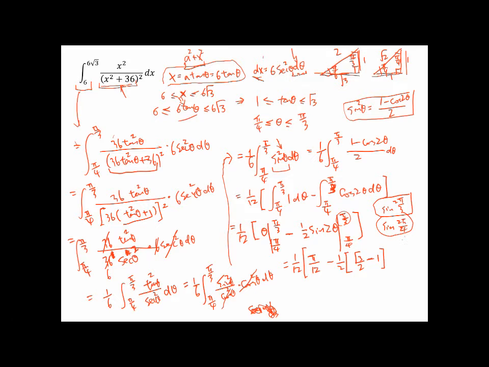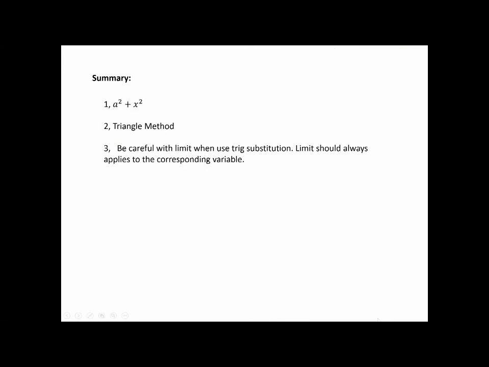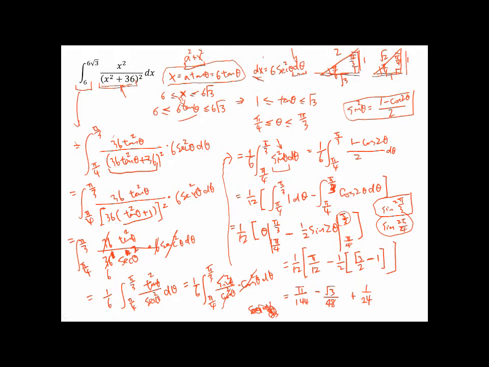You can simplify it. So if I simplify it, I get pi over 144 minus square root 3 over 48 plus 1 over 24. Okay. So that is my answer for this part.